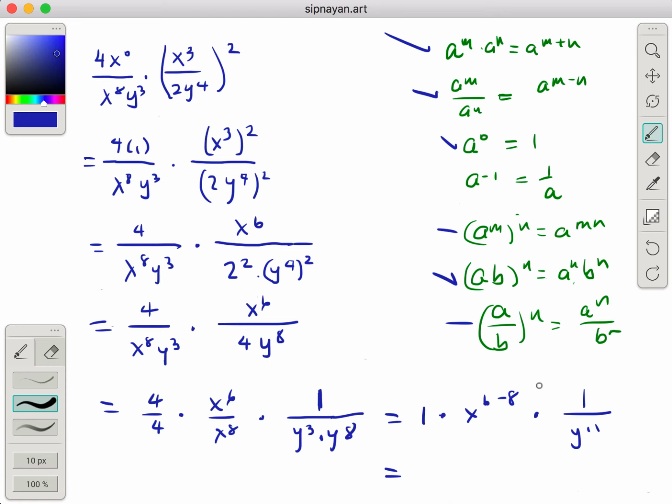So, this is equal to 1. Wala na yung 1 kasi 1 times any expression is equal to the expression. Ito na lang. What is x to the 6 minus 8? This is x to the negative 2 and 1 over y to the 11. Using this law, anong ginagawa natin pag negative exponent?